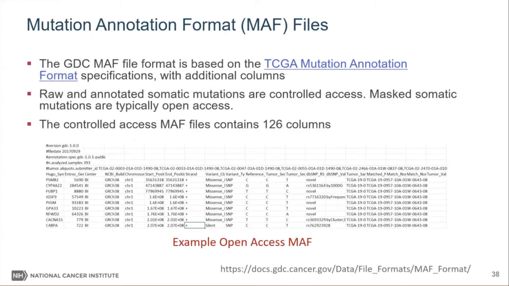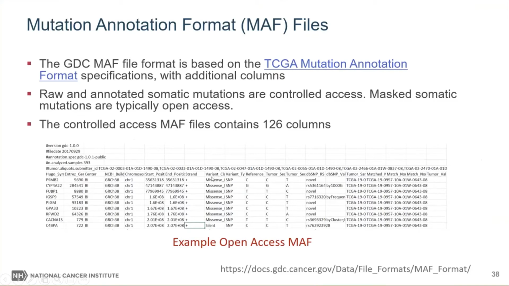The MAF file provides information such as total analyzed samples, submitted IDs, date the file was generated, the GDC file version, and also the specification version information. Each row in the MAF table below the header section provides information on a particular variant call, such as Hugo gene symbol, Entrez ID, sequencing center, reference build, chromosomal coordinates, and strand information for these genes.